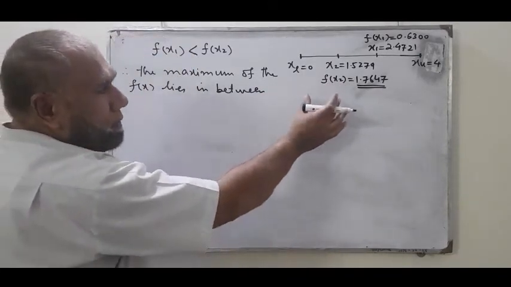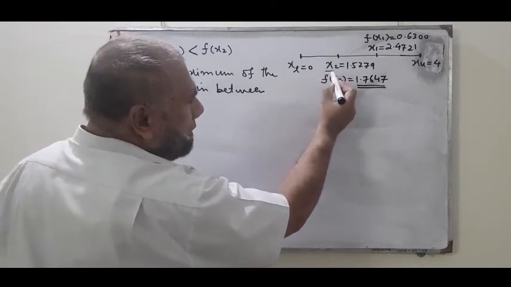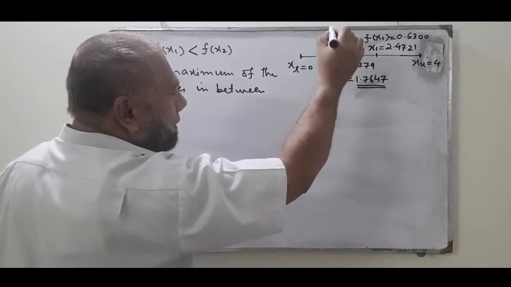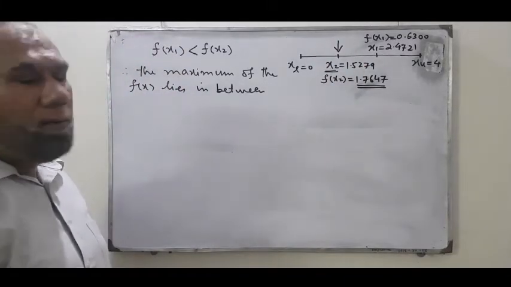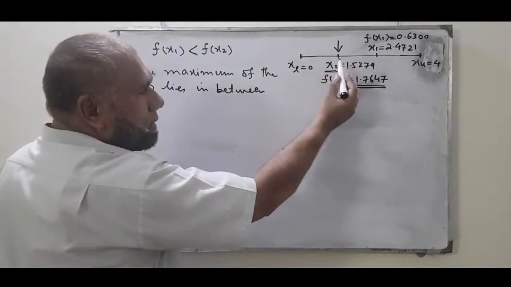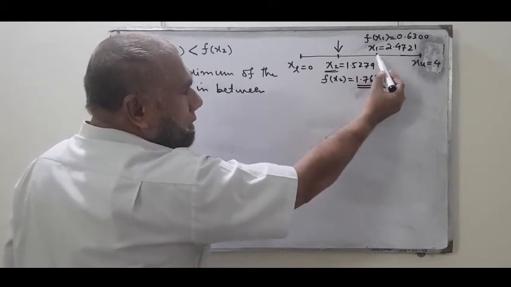And how do we decide which 3 points we have to take? Because the optimum value is lying at x2, you will be placing yourself at x2. Wherever we are getting the optimum value, we shall be placing ourselves there. If we get the optimum value here, of course we have to place ourselves here.